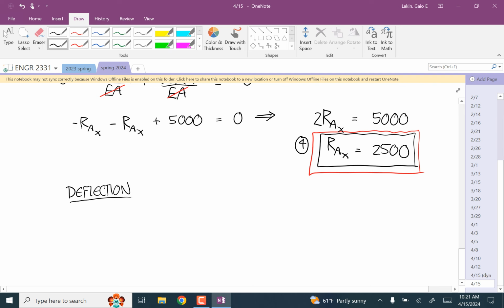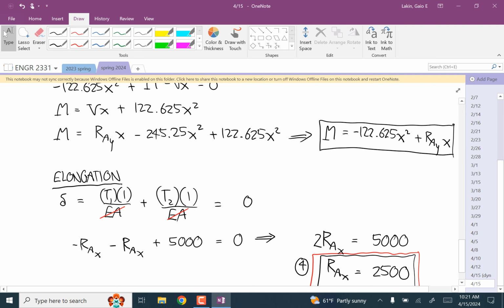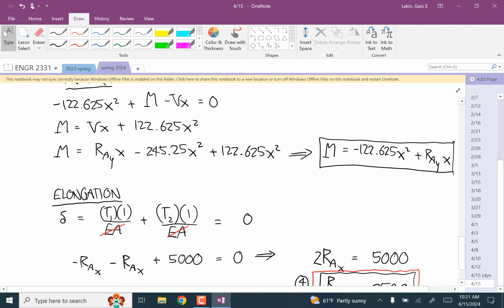Well, one thing you might notice about this is, even though we have 2 cuts, our bending moment function is the same over the whole thing. And as long as that function is the same, we don't have to break it up into pieces. That saves us a little bit of work.